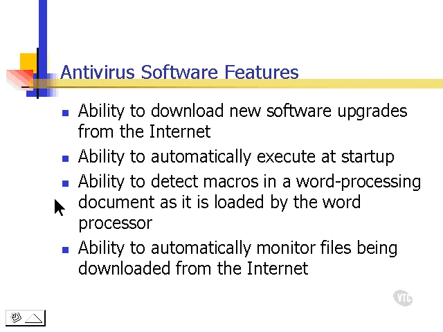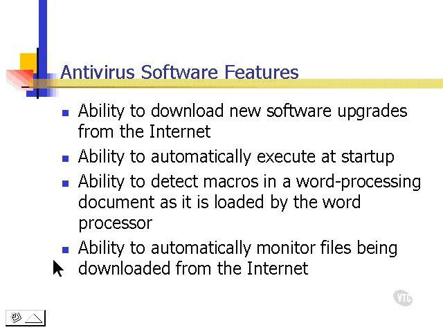In other words, the software will detect a macro virus and it will cure that virus before you even get into the word processor program. And also the ability to automatically monitor files being downloaded from the internet to make sure that we're not receiving viruses from the internet.